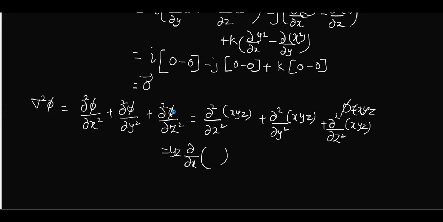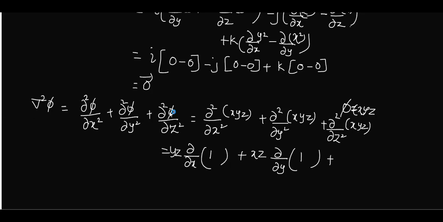So in the bracket I should write the derivative of the remaining, which is x. What is the derivative of x with respect to x? 1. Similarly here, with respect to y, xz will come out, and the derivative of y with respect to y is 1.